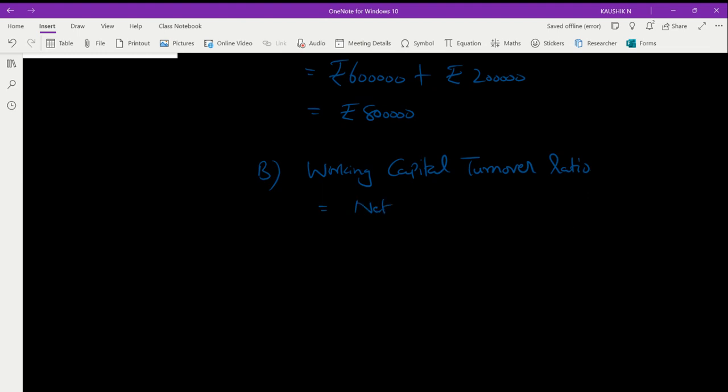That means net revenue from operations divided by working capital.